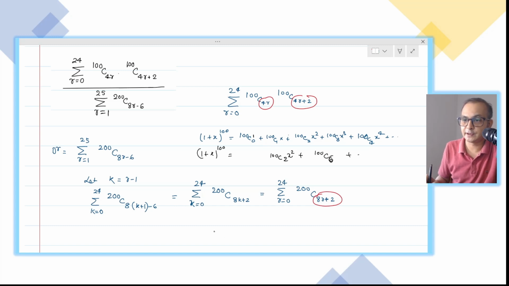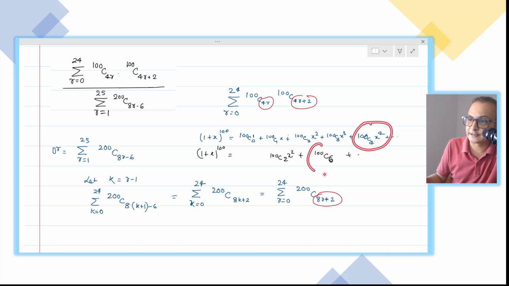So we are multiplying here 1 from here and x square from here. Then for r is equal to 1, what you are doing, you are multiplying 100C4 and 100C6. It means you are multiplying x to the power 4 and x to the power 6, correct?